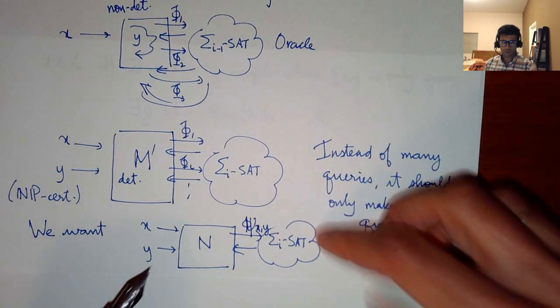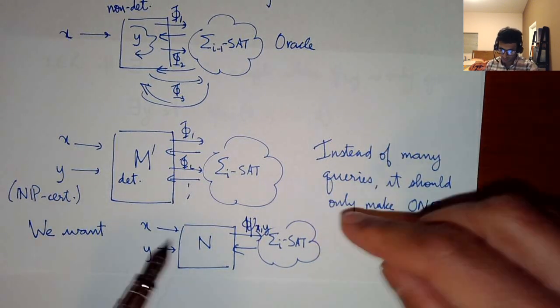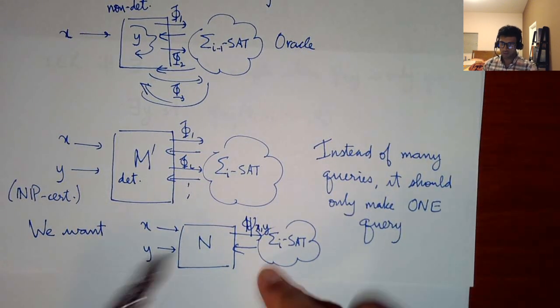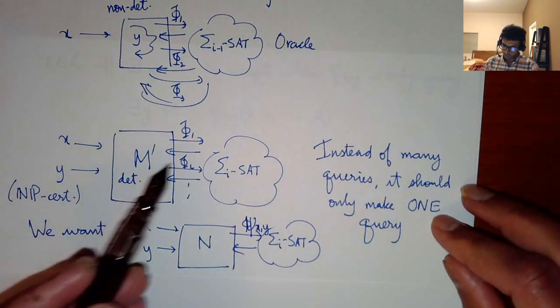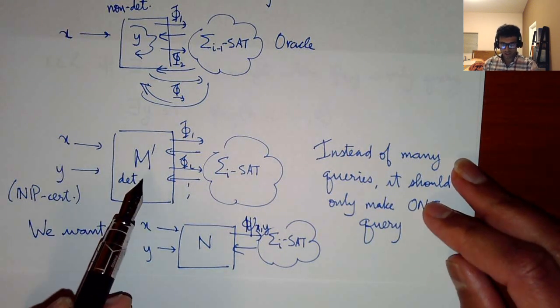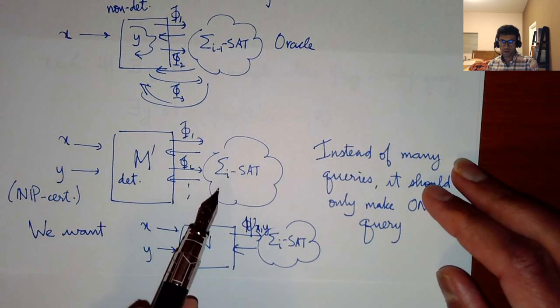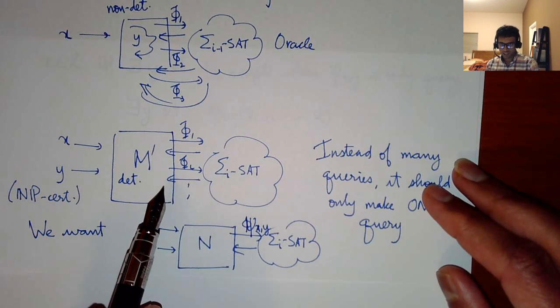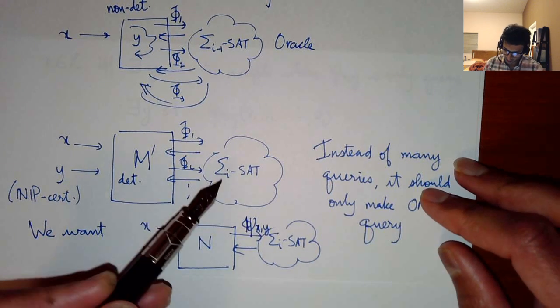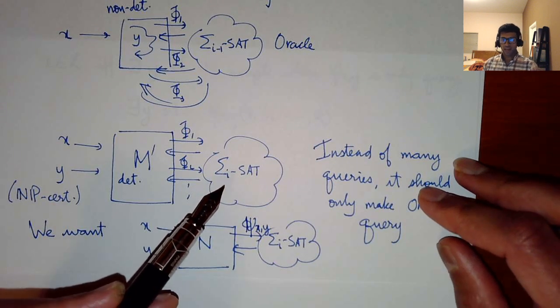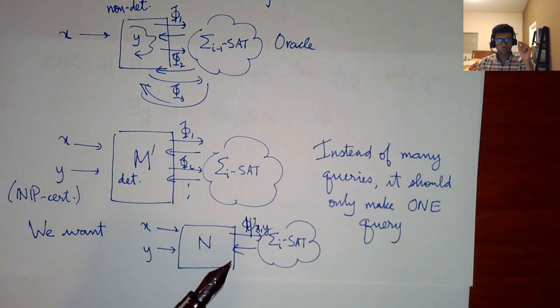And once I do the proof, we'll see why this leads us to the answer. But the first step is that we start with a machine that's making multiple queries to a sigma I SAT oracle, and I want to convert it to have just one query to a sigma I SAT oracle. Okay?